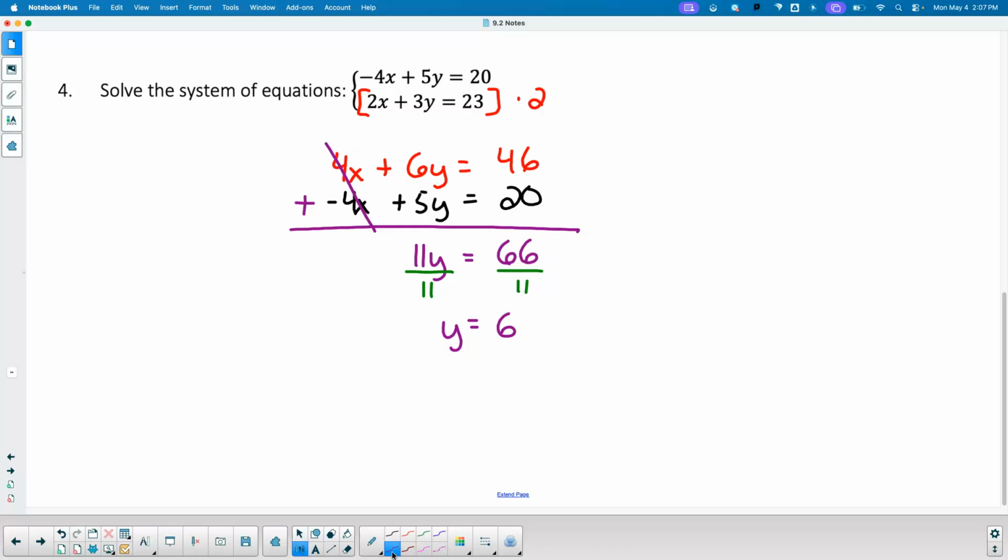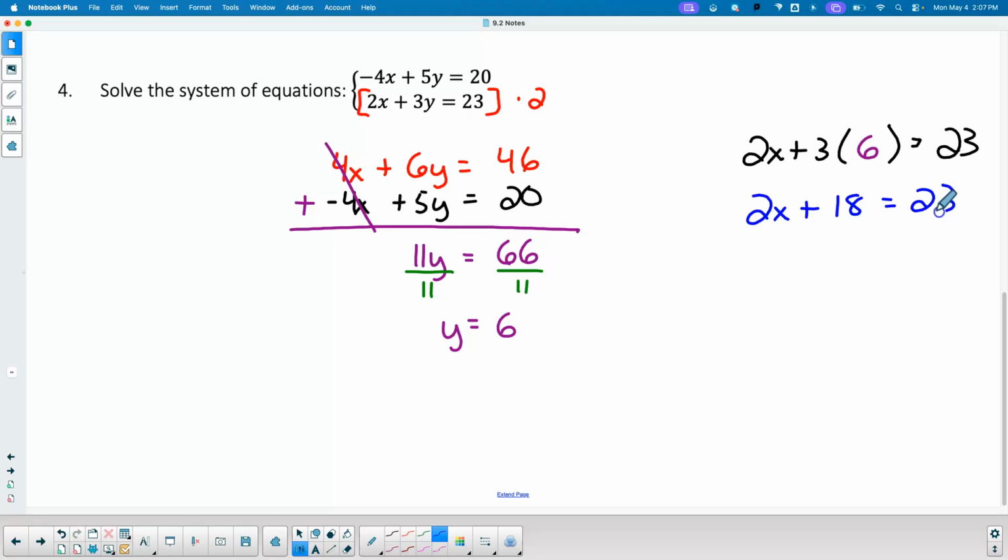Either one? Plug it in for y in either one? You want to go top or you want to go bottom? Bottom one. Okay? So that would be 2x plus 18 equals 23.